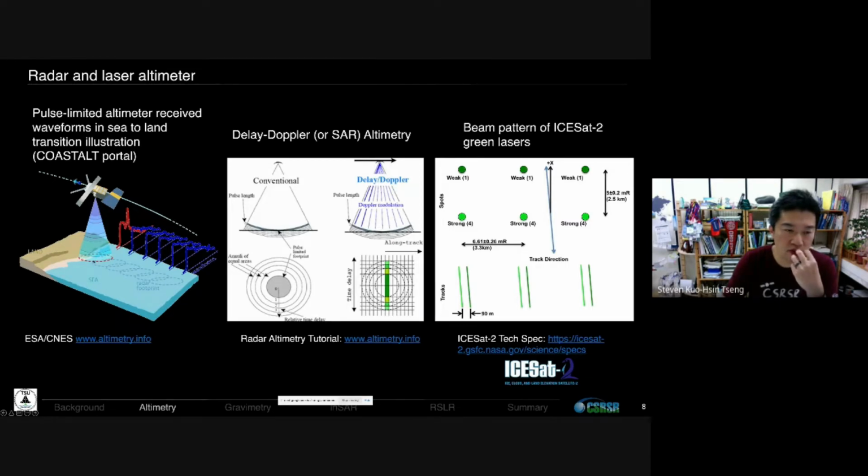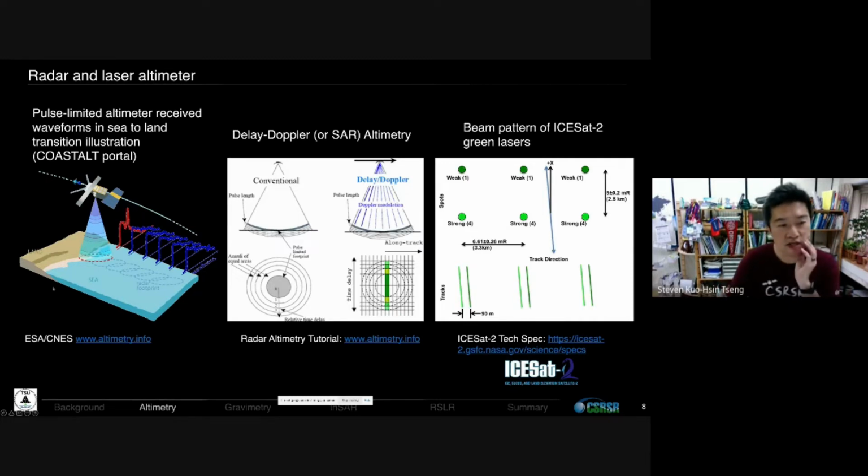So the 10 kilometer coverage will have a very good performance over the open ocean because it smooths out all these high frequency waves. When we want to measure the mean sea level over the coverage area, we don't want the waves, especially when the significant wave height is very high, so we want to ignore that.